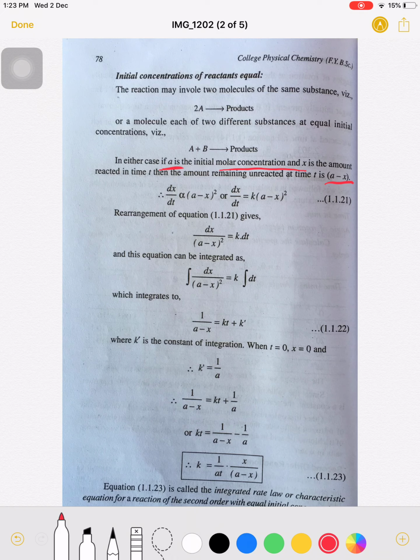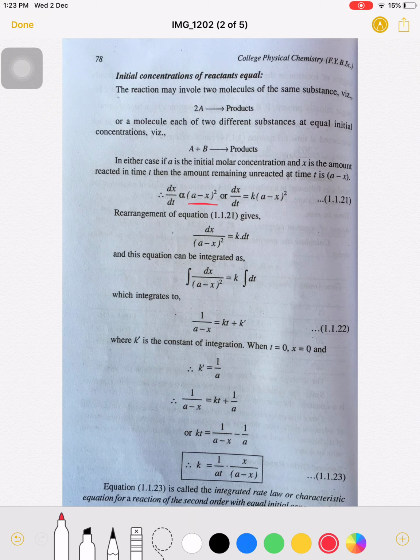So the rate equation: dx by dt is directly proportional to (a minus x) squared. Why is the square used? Because two reactants are used here. Therefore in the rate equation the rate of reaction is directly proportional to the concentration of two reactants, therefore (a minus x) squared.